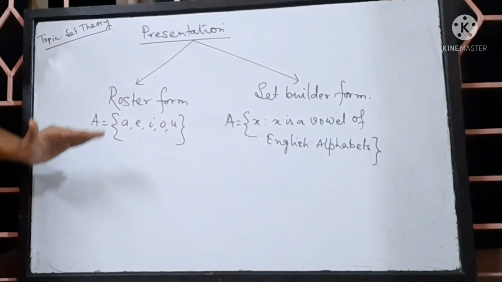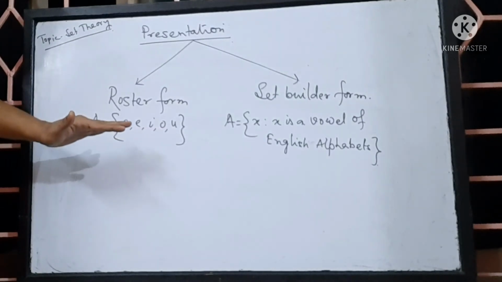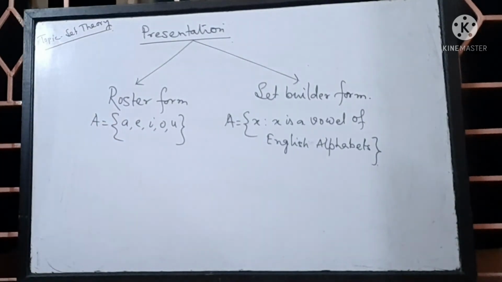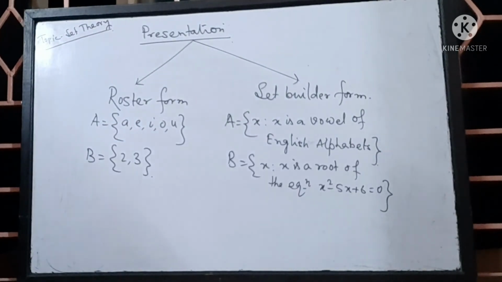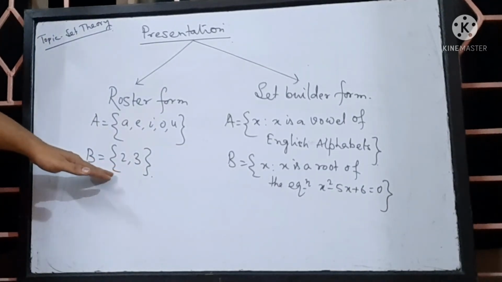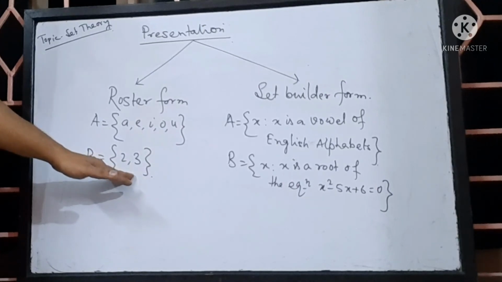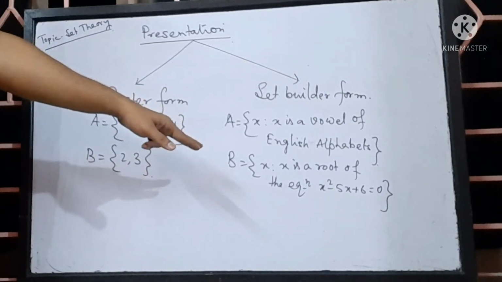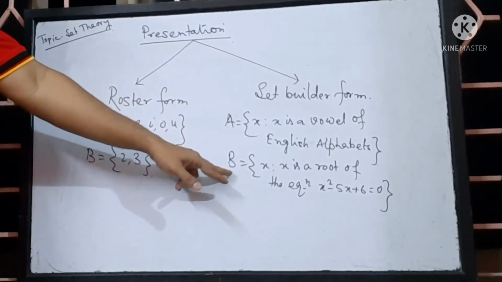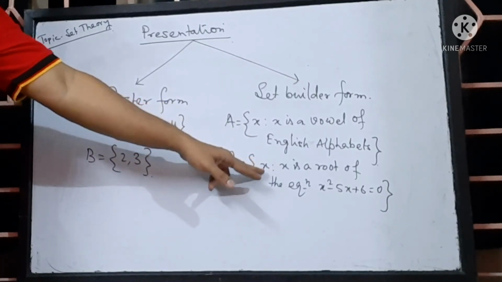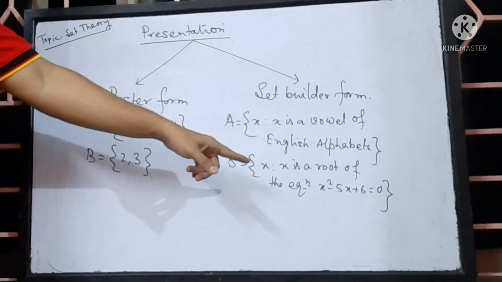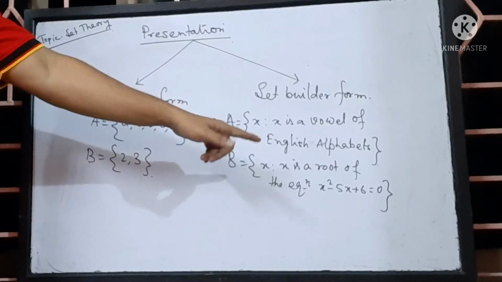I am giving another example of roster form and set builder form next. Look at the second example. B is the set of 2, 3, and there is a set in set builder form. I am writing it as set of all x such that x is a root of the equation x squared minus 5x plus 6.